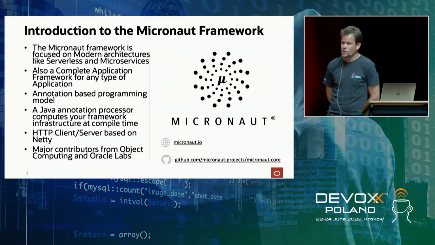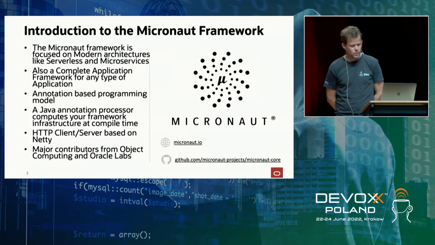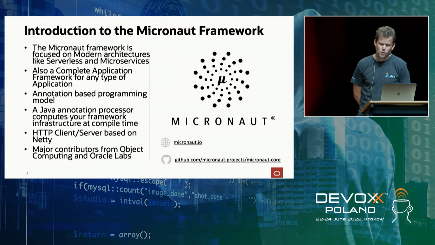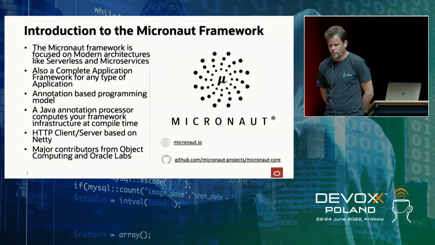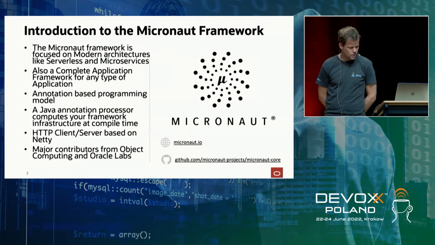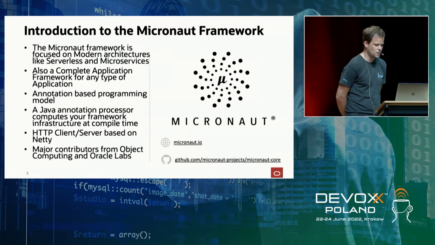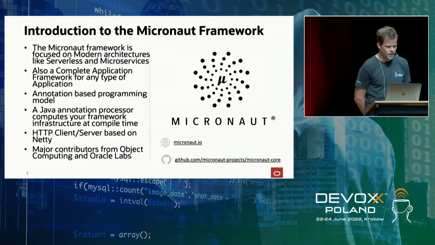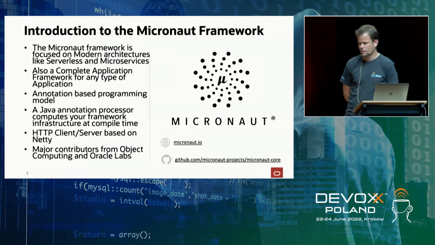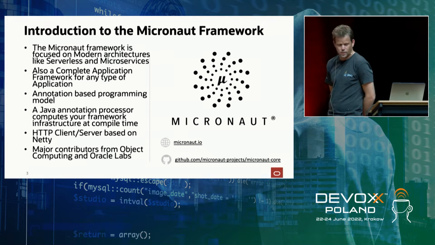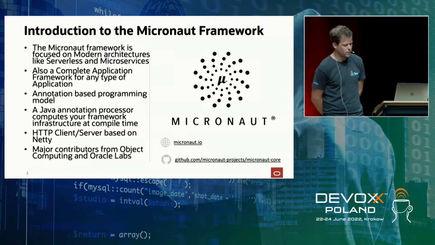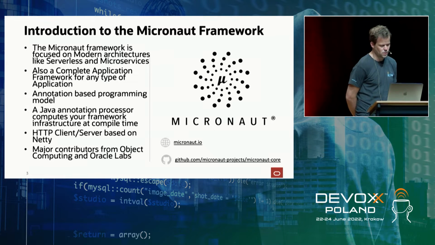We have a client and server based on the Netty IO toolkit, but they're not the only clients and servers that Micronaut supports. There are different kinds of clients and servers. We support gRPC, we support Tomcat, we support the servlet environment. It's really a flexible framework that you can adapt and use for whatever scenario you want.